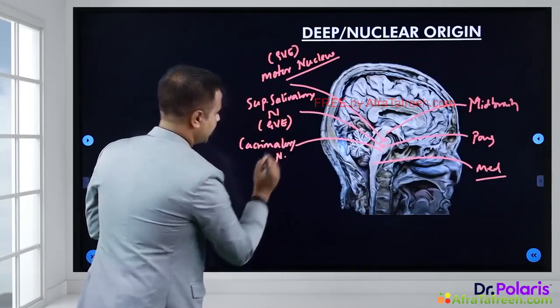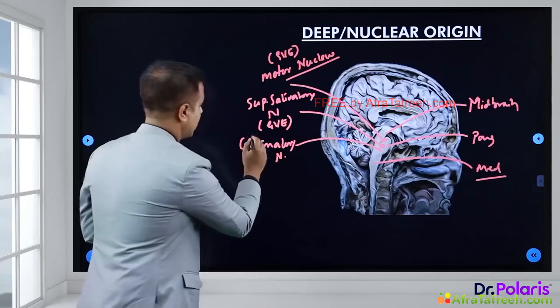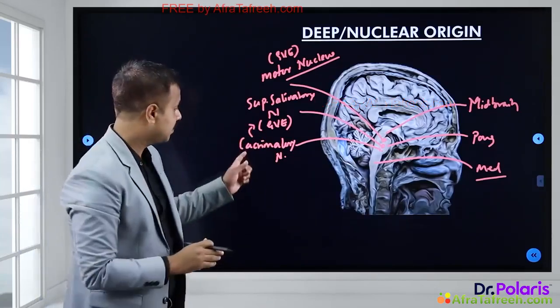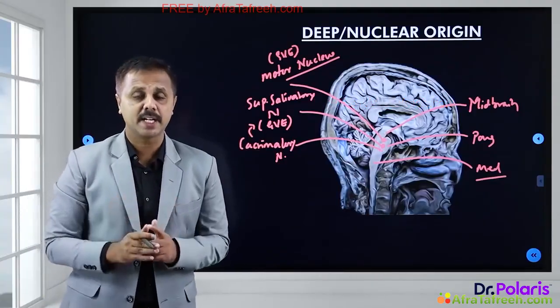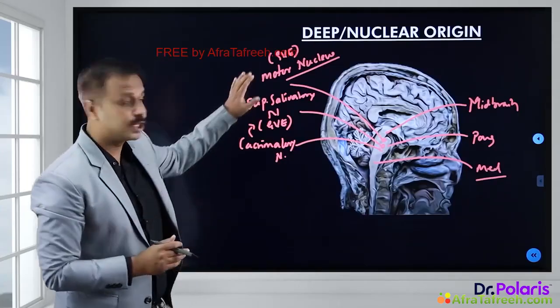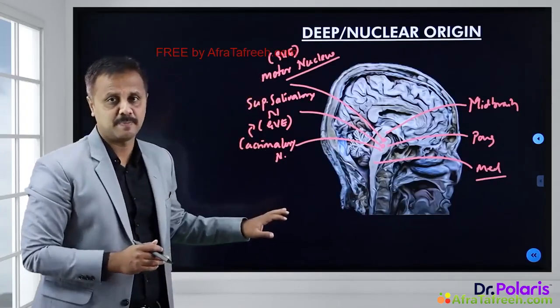This also represents the general visceral efferent column, but the fibers from the lacrimatory nucleus will innervate the lacrimal gland in particular. Right?